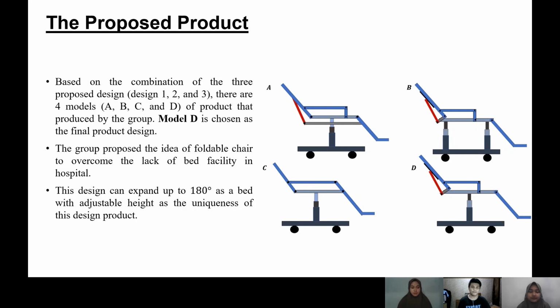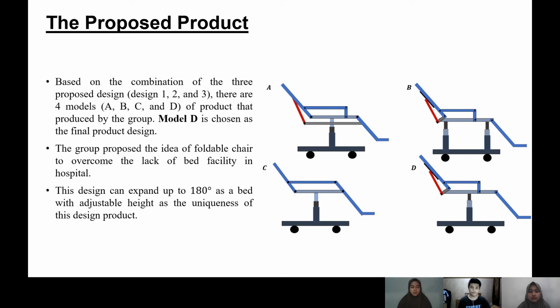Okay, here we have the proposed product, which arrived from our previous design. There were three design issues, and from those three designs, we discussed that the final product will be derived from model 1 and model 3.